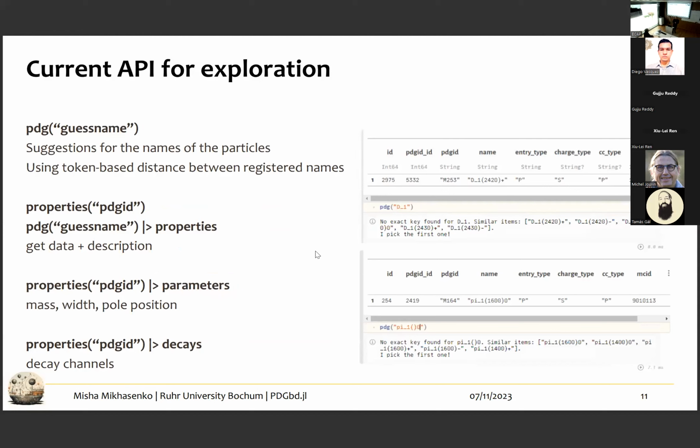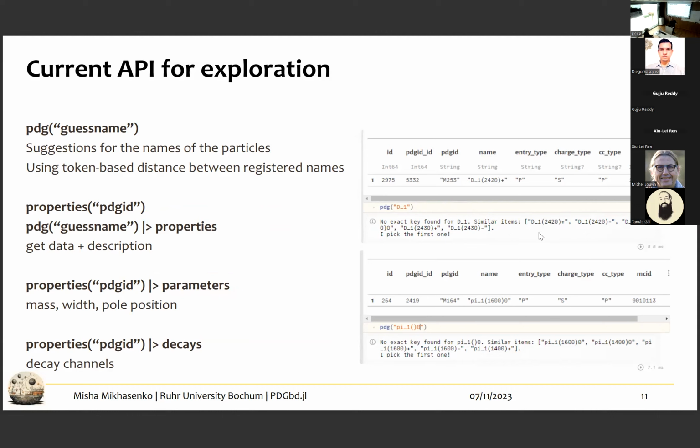The current API starts with this method PDG, where you give a guess name. I've seen this guessing in the particle package in Python, which I found very nice when you don't know how the particle is called exactly. So here I say D1, that's what I want. It says no exact key, but the first suggestion it gives me is the correct one. Maybe I add the charge later.